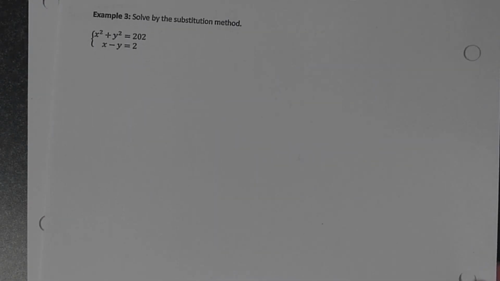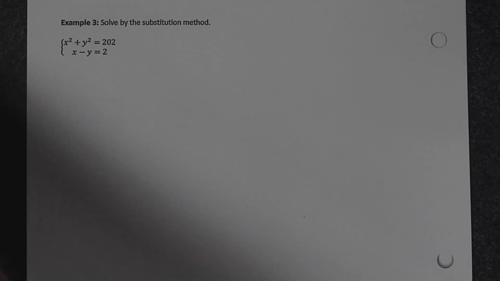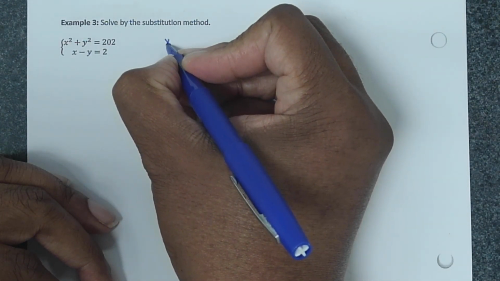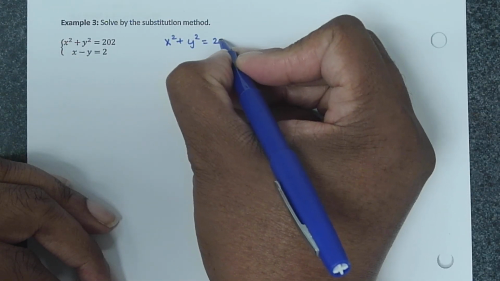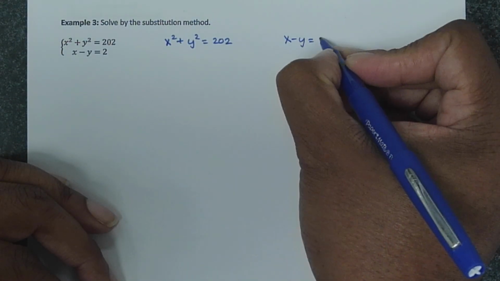Here's another example where we use the substitution method to solve the system of equations. Here we've got x squared plus y squared is equal to 202, and x minus y is equal to 2. Let me write the x squared plus y squared is equal to 202 first, and then x minus y is equal to 2.